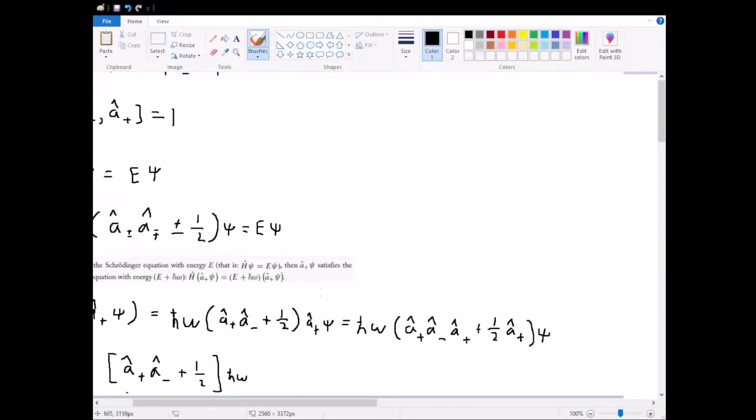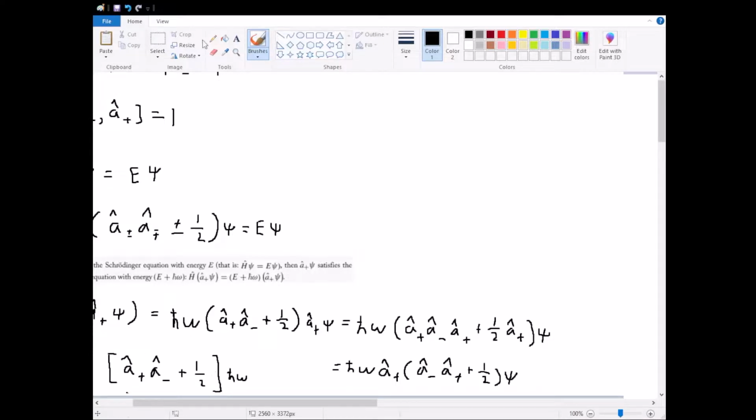And now we can once again take advantage of the distributive property, this time taking everything on the left and moving it out to the left. So if we do that, this is going to give us h bar omega a hat plus, and now that the left side of both terms is one less, we have a hat minus times a hat plus plus 1/2, times psi.